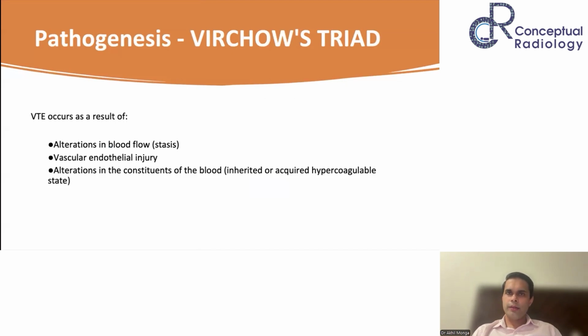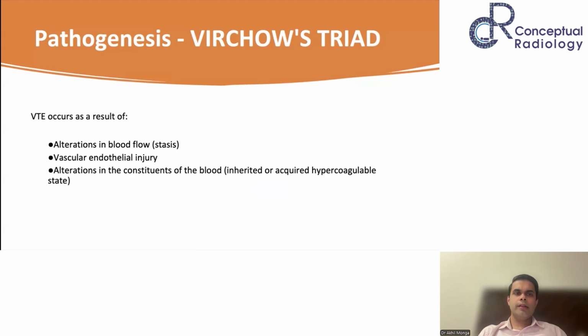So we all know the Virchow's triad of thrombosis, and it requires stasis of blood, a bit of endothelial injury, and alterations in the constituents of the blood. Alteration in the constituents of the blood will include any thrombophilias like factor V Leiden, antithrombin III deficiency, protein C, protein S. Those things we have all read in the pathology part of our MBBS.